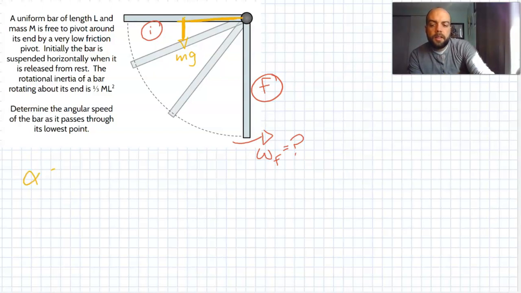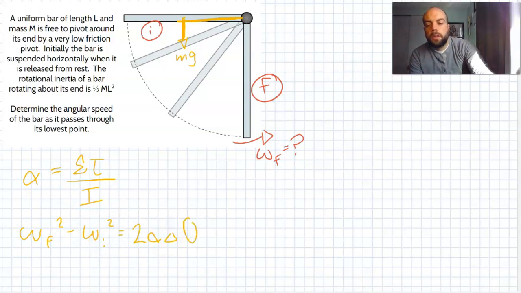And students say, look, the angular acceleration is equal to the sum of the unbalanced torques on a system divided by its rotational inertia. And then they say, we can use some angular kinematic formulas to solve this, because you know that it's released from rest, and you know that delta theta is pi over 2, because it goes through a quarter revolution.